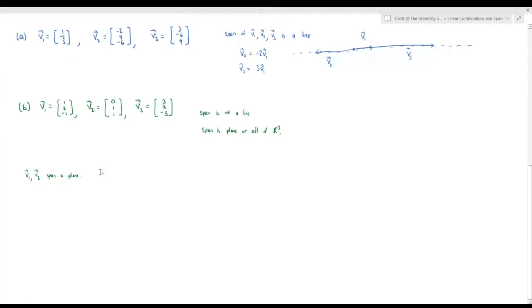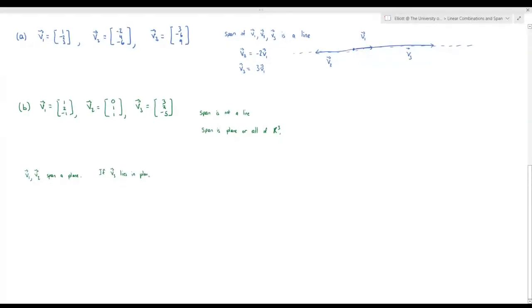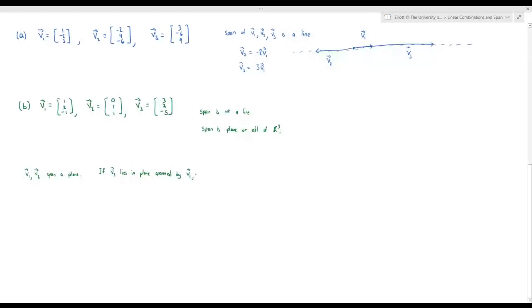Okay. So if v3 lies in the plane spanned by the first two, then since all three of your vectors are coplanar, the three of them would only span that plane that they all lie within.